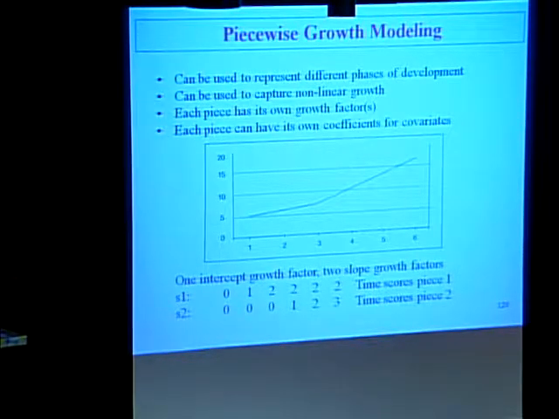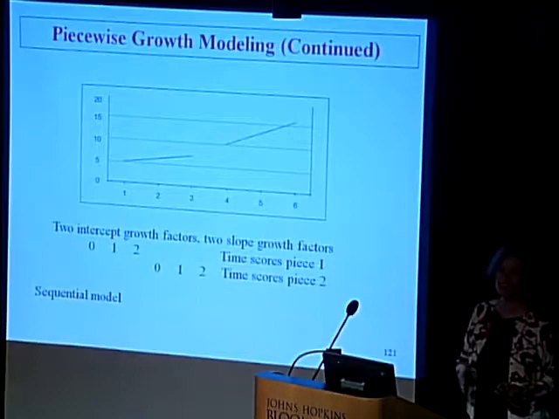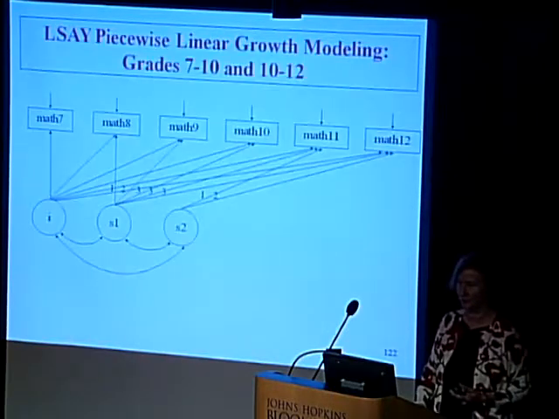So here we would have two intercept growth factors, as I just said, and two slopes. So the first slope would be 0, 1, 2, and then the other one 0, 1, 2. So you would set this up as a sequential model. But these are two things you could think about if you have this type of nonlinear growth.